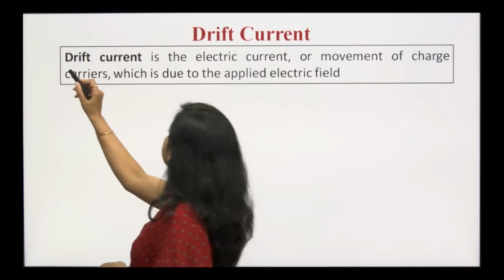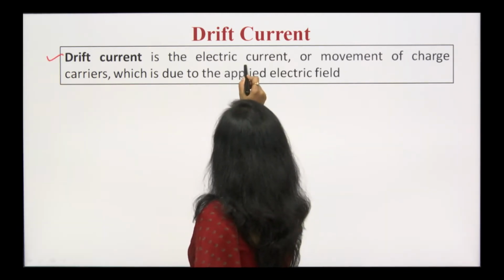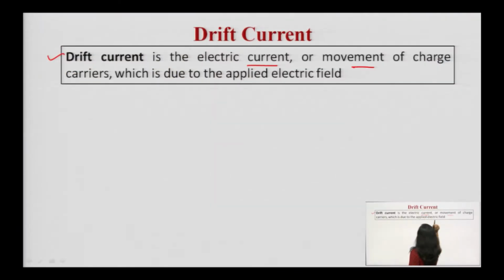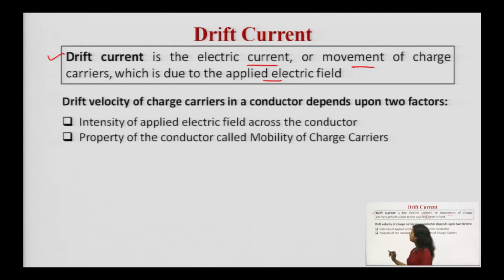Drift current is the electric current or movement of charge carriers which is due to the applied electric field. So, what you have to summarize from here is, if there is a presence of electric field and movement of charge carriers, there must be a drift current. So, you can define it very nicely.